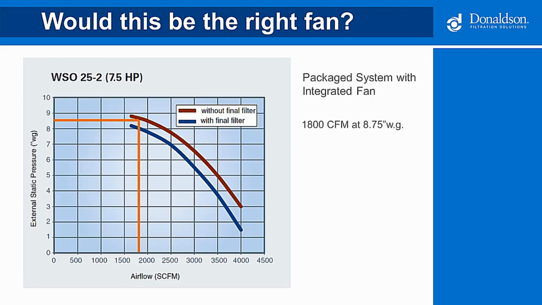I'm using this as an example because just because a system says it's rated for 1800 CFM doesn't actually mean it will produce 1800 CFM. You need to be careful of that because you see marketing brochures out there all the time that state that. You need to look at your total system design in determining if that fan package will meet your specific application.